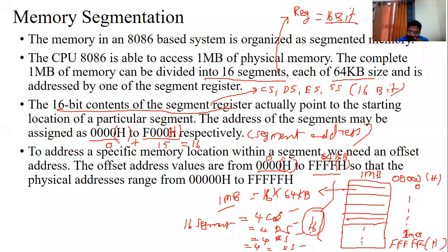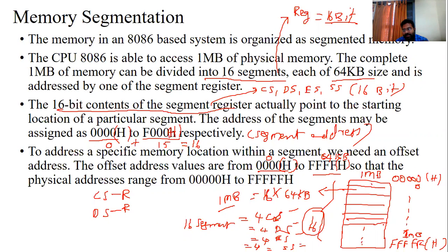How to identify these segments? These segments can be identified by the code segment register, data segment register. Remember, you can call the memory code segments, data segments, extra segments, as well as stack segments.